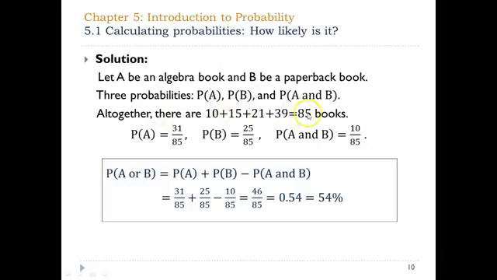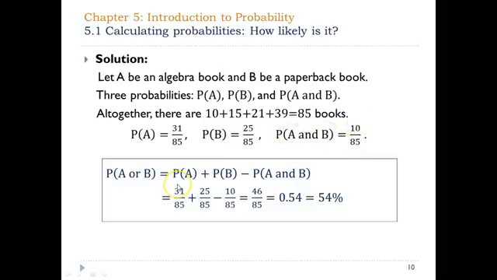If you add all these books, you get 85 books. There are 31 algebra books divided by 85 books. That's probability of an algebra book. There are 25 paperbacks. So probability of paperback is 25 divided by 85. And there are 10 paperback algebra books. So probability of algebra and paperback is 10 divided by 85.